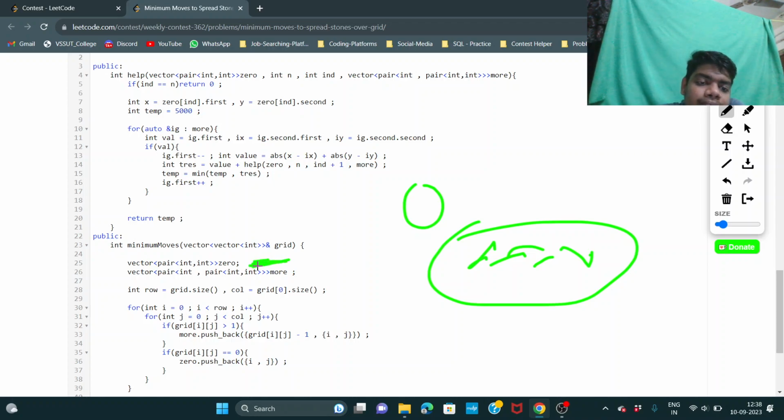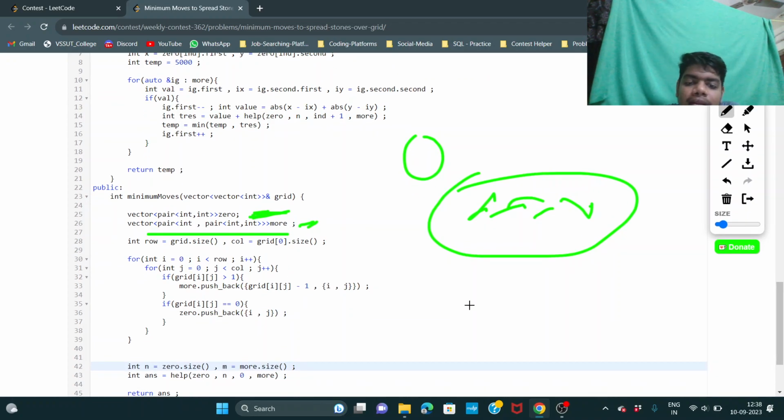That cell contains 0, right? And what does this pair indicate? That pair indicates the value in the given cell. If the value in the cell is greater than or equal to 1, then I take that cell, because I have to take some stone from that cell and place it in another cell.